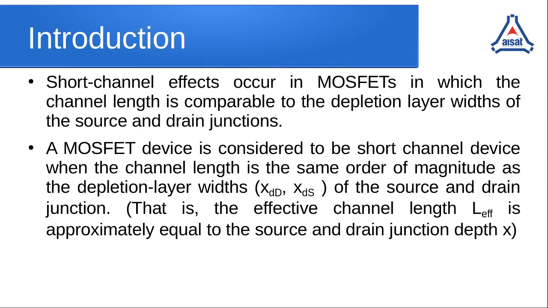A MOSFET becomes a short channel device when the channel length is in the same order of magnitude as the depletion layer widths at drain XDD and at source XDS. That is, the total channel length is approximately equal to the source and drain junction depths.